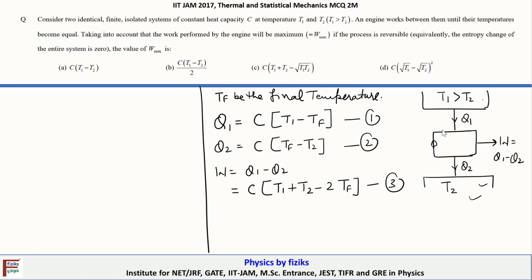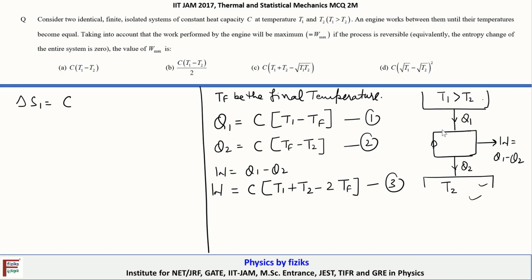So we have to calculate the value of TF, the final temperature, and to evaluate TF we have to evaluate the corresponding entropy change for both of the reservoirs. The entropy change for the first reservoir, let's say, is delta S1, for the reservoir which is at temperature T1 initially and whose final temperature becomes TF.